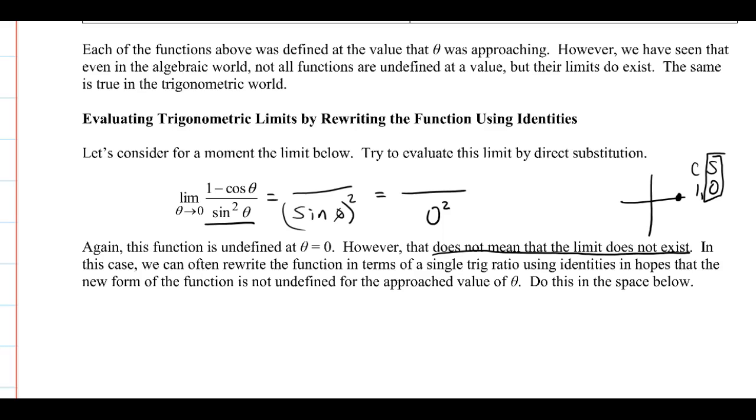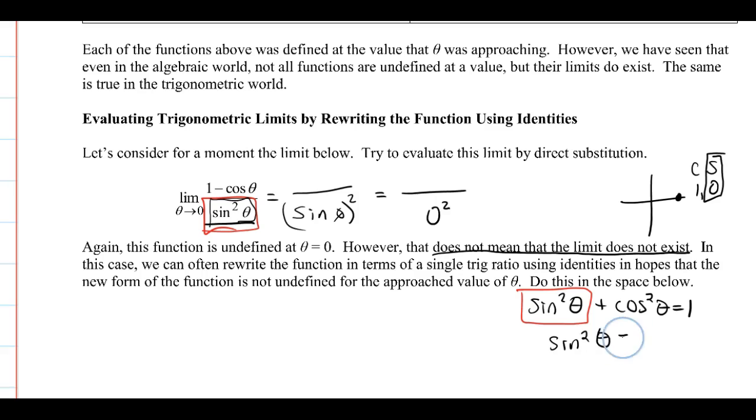Our first approach that we want to try is rewriting our trig functions in other terms to see if we can cancel something out. And here we have this sine squared theta, which should make us think, okay, this might use our Pythagorean theorem of trig, which is sine squared theta plus cosine squared theta equals 1. We want to substitute out sine squared theta, so that means I want to get sine squared theta by itself.